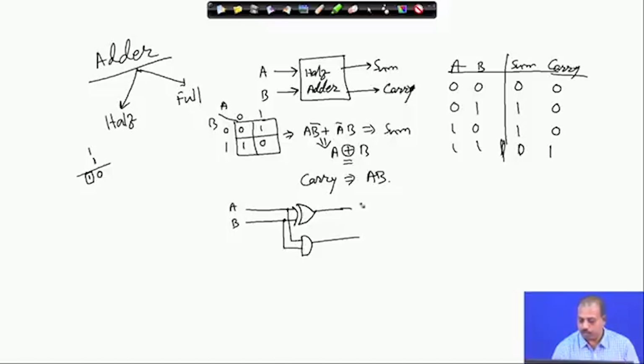This is the sum output and this is the carry output. So, we have this as the half adder block.